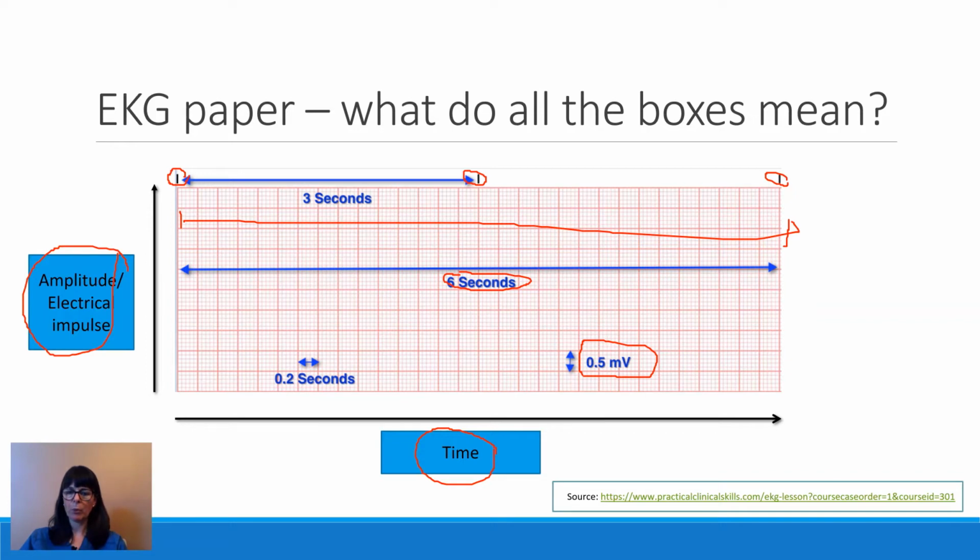That is very important because most rhythm strips are printed in a 6-second strip, and this is what you use to calculate the heart rate as well as look at for determining the rhythm.